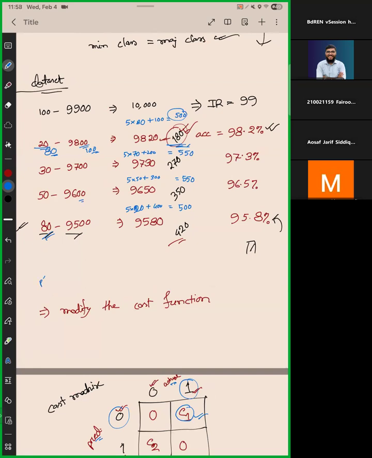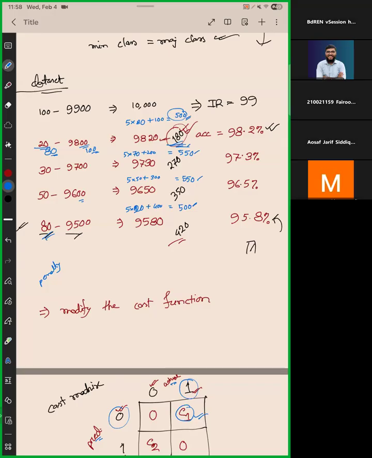So previously this one had the lowest cost, but now this is highest and this is lower. Both of them are the same, 500 and 500. It has changed a little bit, right? It's still not okay, but it changed a little bit.